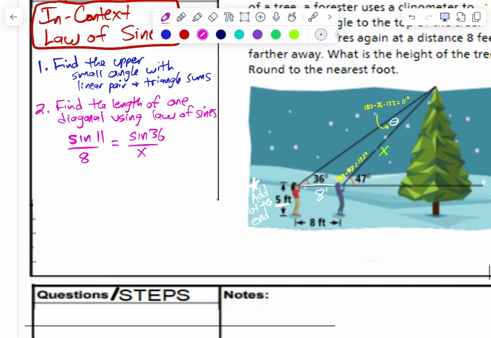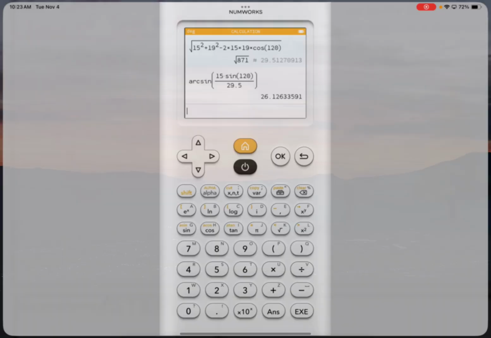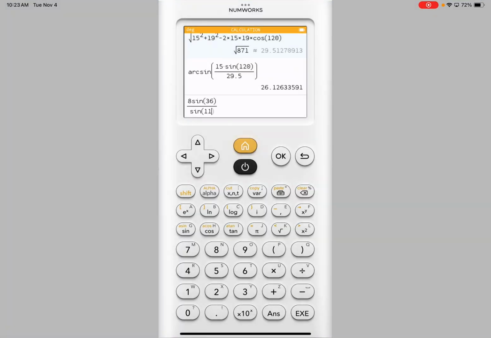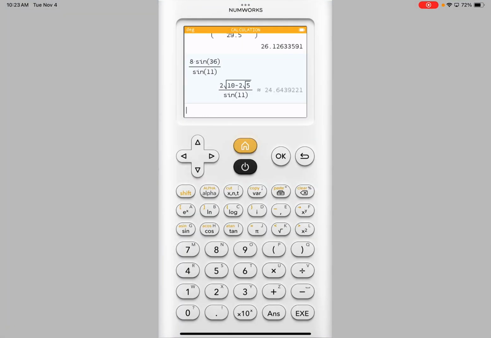Okay, let's go ahead and solve this. So x sine 11 equals 8 sine 36. So x, I'm not going to show that step, let's just punch it in: 8 sine 36 over sine 11. So it's 24.64.